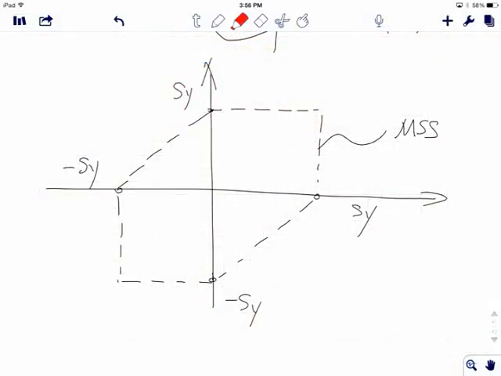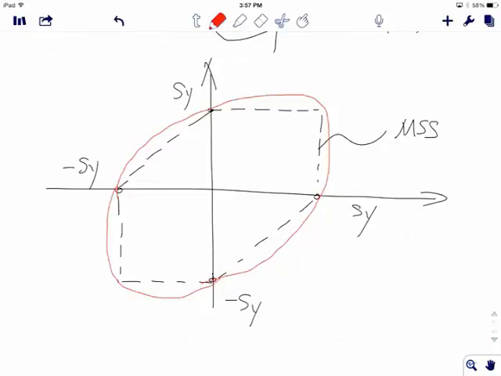If you do the ellipsoidal shape, okay, here. It's going to look like that.